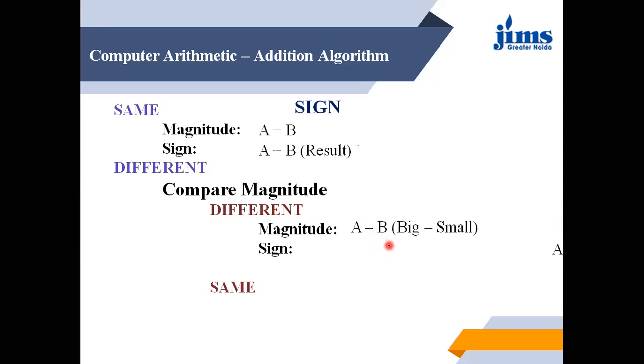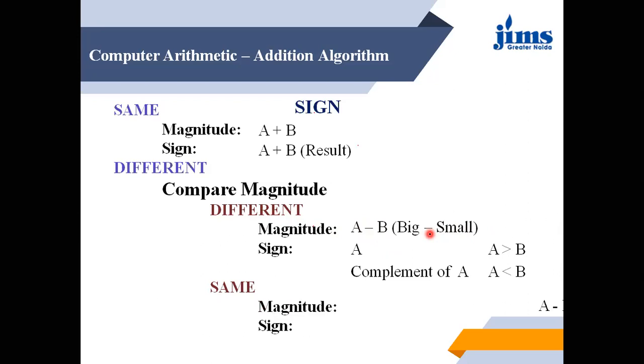And the sign of this will be A if A is greater than B, and otherwise the complement of A if A is less than B. And when the magnitudes are same, then magnitude is 0 and sign will be positive. So this was the basic concept behind the addition of two numbers.